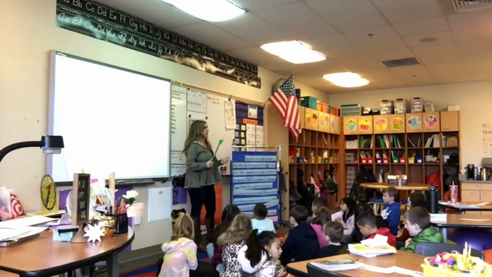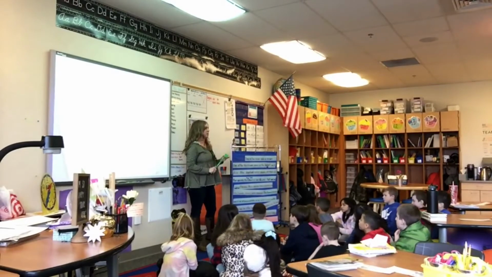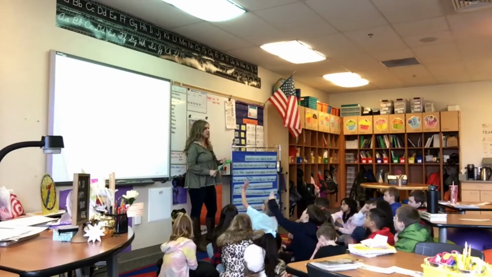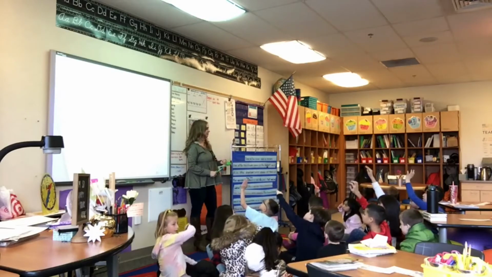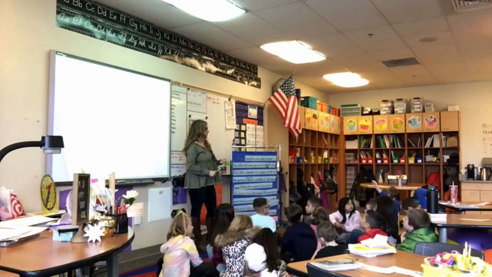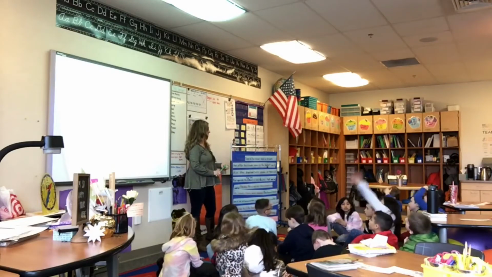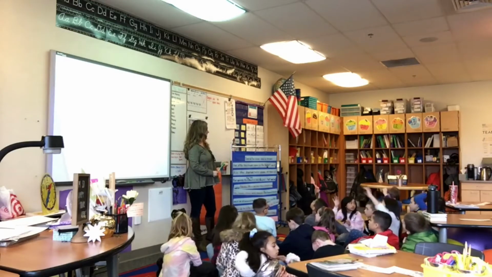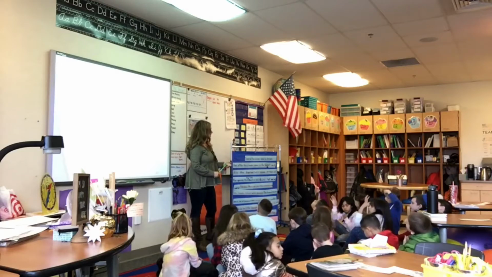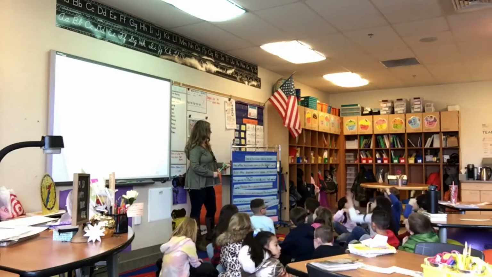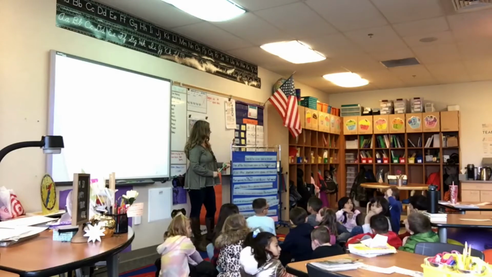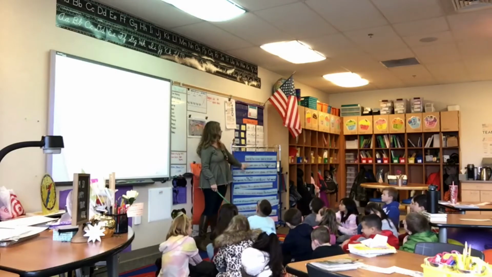All right. Quick question. What type of writing are we doing? Raise your hand if you can tell me. Jeffrey. Informational. And what is the purpose, Jeffrey, of informational writing? To write about... Tell or teach the reader what?